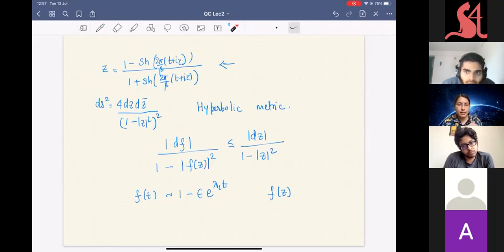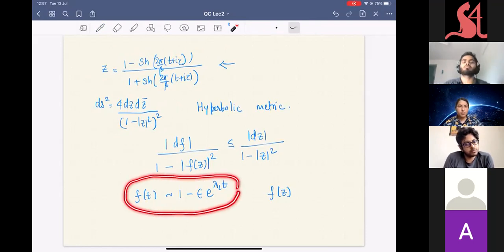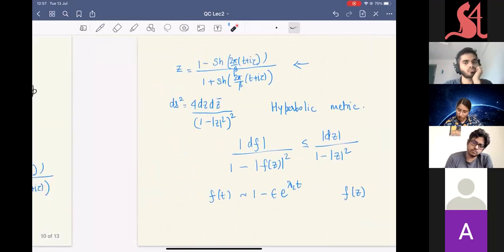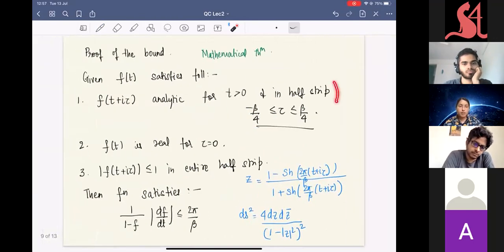It says that these functions cannot increase distances in the hyperbolic metric, and this function satisfies the hyperbolic metric. So it's a property of such a function which is analytic in the half strip, that it satisfies this. It's a mathematical theorem. I'm not sure I can do justice to it, but you can refer to the paper.